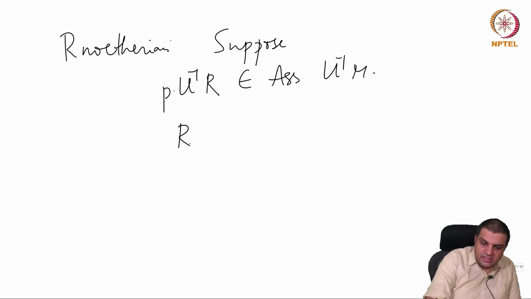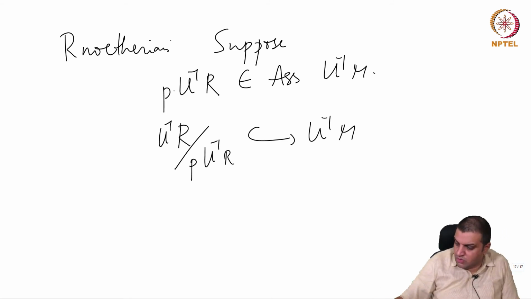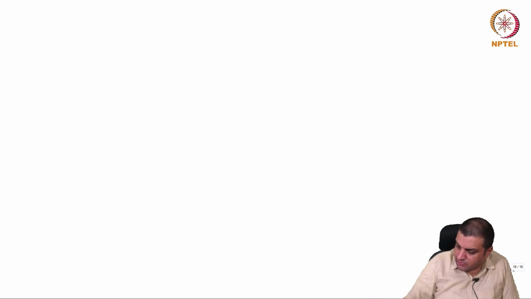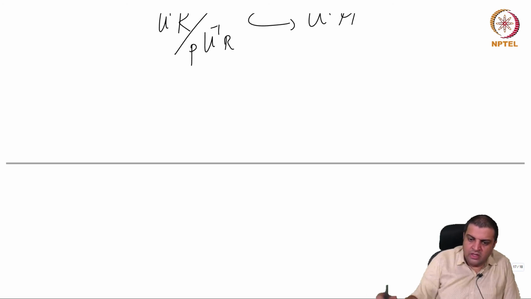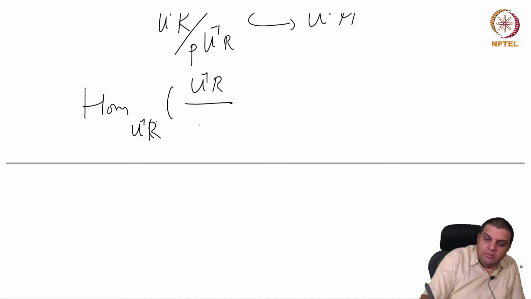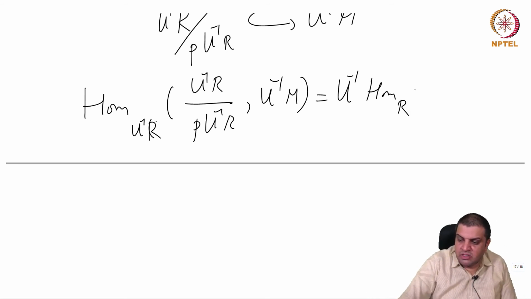So therefore, there is an injective R linear map from U inverse R mod P U inverse R to U inverse M. Now, the fact that M is finitely generated in this context gives us the following: homomorphisms over U inverse R from U inverse R mod P U inverse R to U inverse M are exactly the localizations of the R linear maps from R mod P to M. Okay.